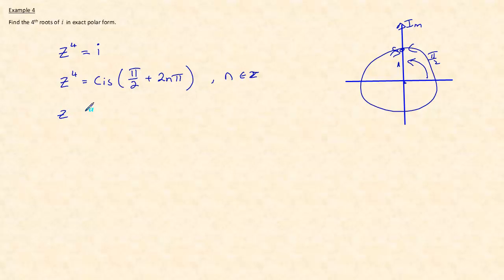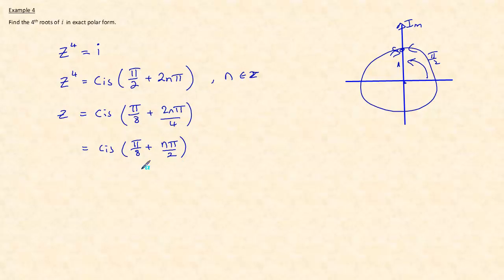So by de Moivre, z is going to be cis pi by 8 plus 2n pi divided by 4. So that's cis pi by 8 plus n pi by 2.